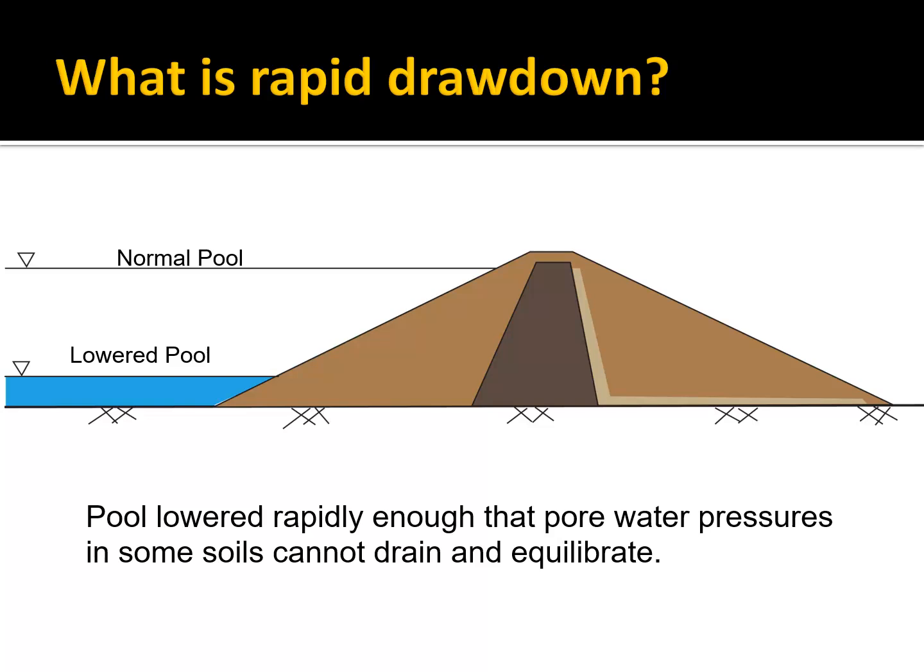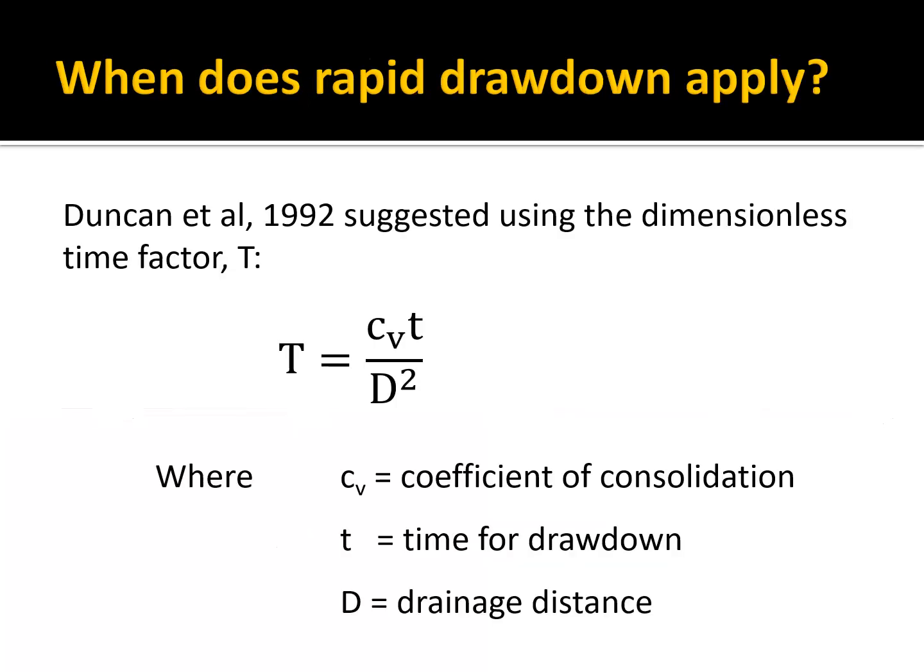So when we look at this, what is considered rapid? Over what period of time would we consider that rapid? So Mike Duncan in 1992 suggested that we use the dimensionless time factor. Now, if you recall from consolidation theory, this time factor is part of the process of analyzing consolidation in soils.